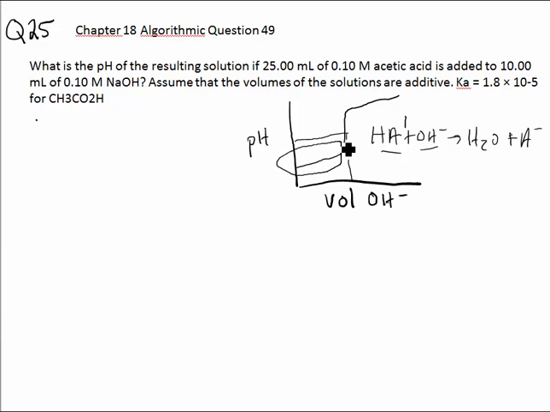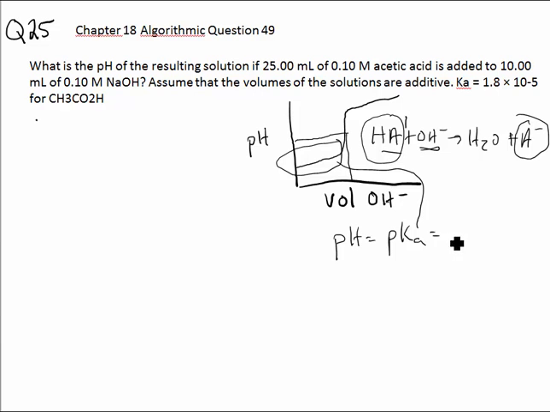And then we have another region right here. In this region, we'll have done part of the titration, so we've added fewer moles of OH minus than we had HA. And so there's going to be a mixture of HA and A minus. In this region we use the Henderson-Hasselbalch equation, where the pH is equal to the pKa plus the log of the ratio of the base concentration over the acid concentration at that point.